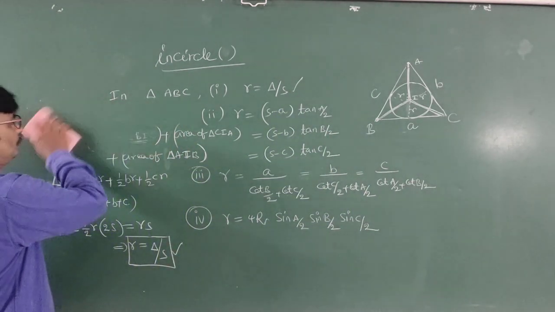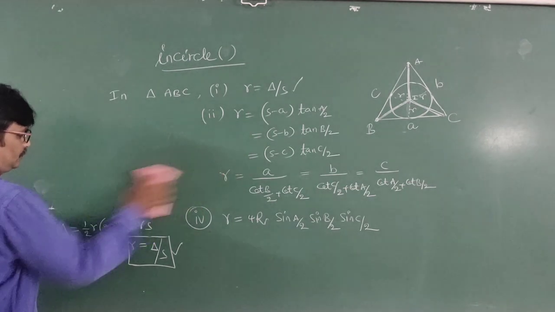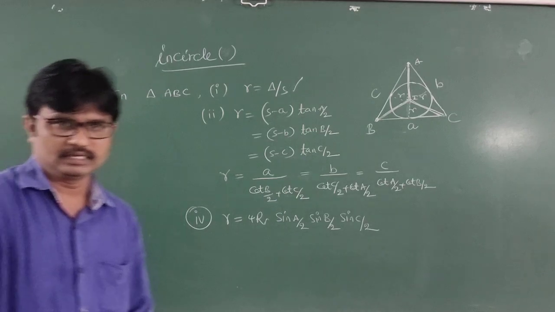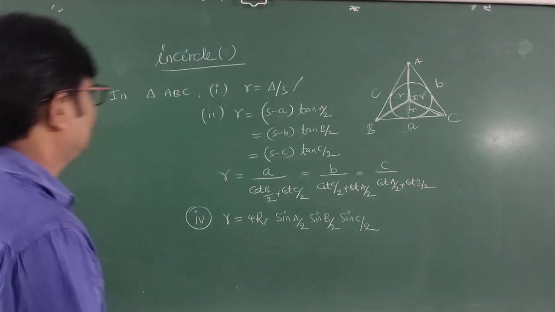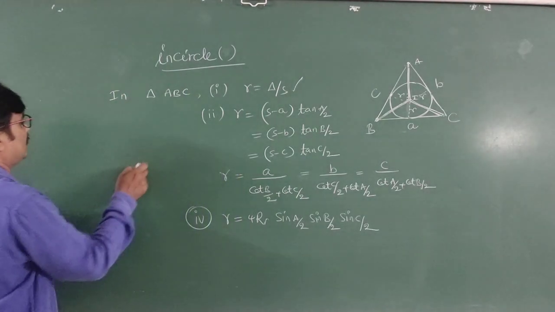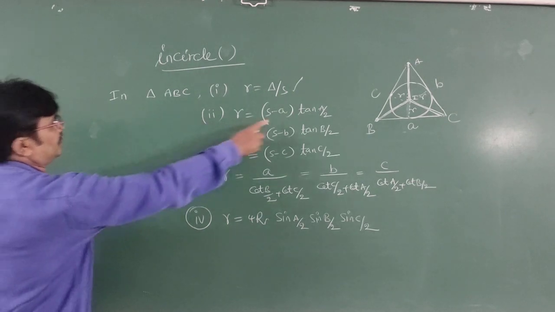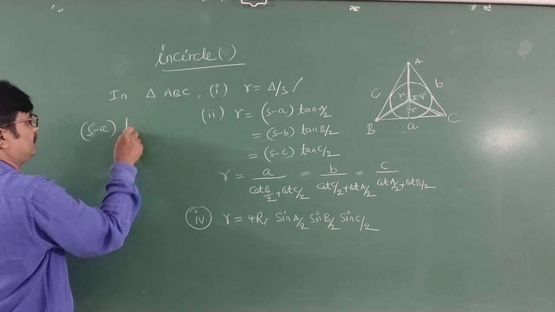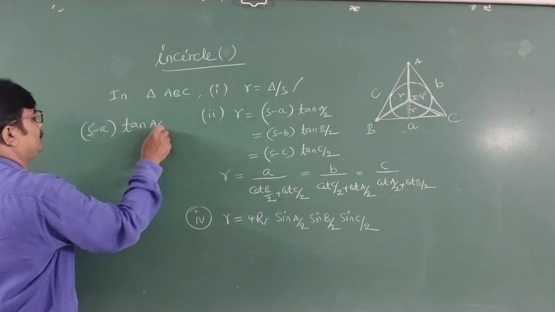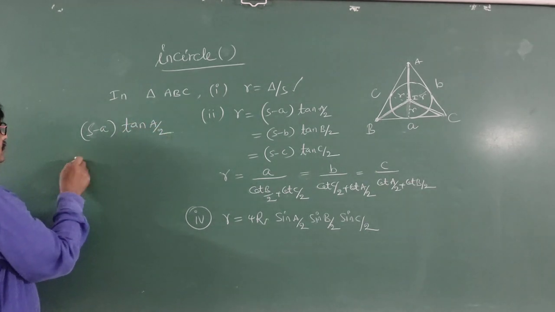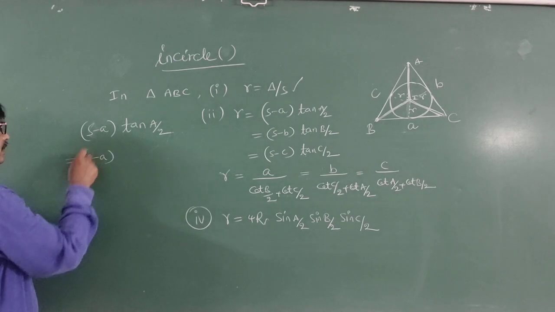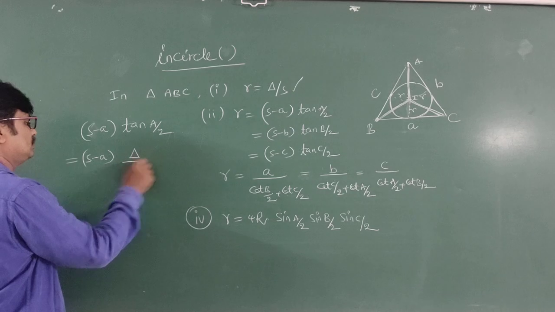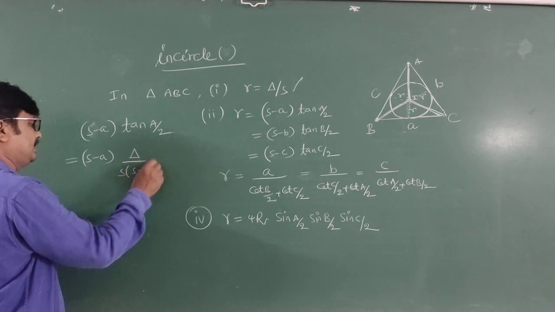Now we are going to discuss the second one. The remaining proofs are very easy, students. The second one: small r equals (s minus a) tan A by 2. Dear students, we know that tan A by 2 is of the form under root (s minus b)(s minus c) upon s(s minus a).